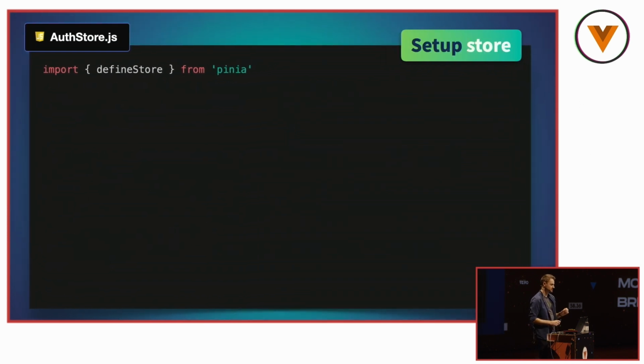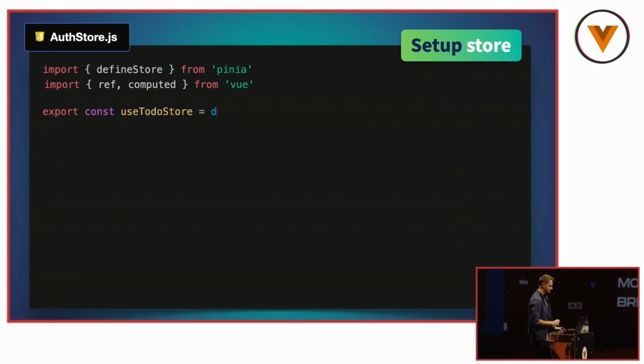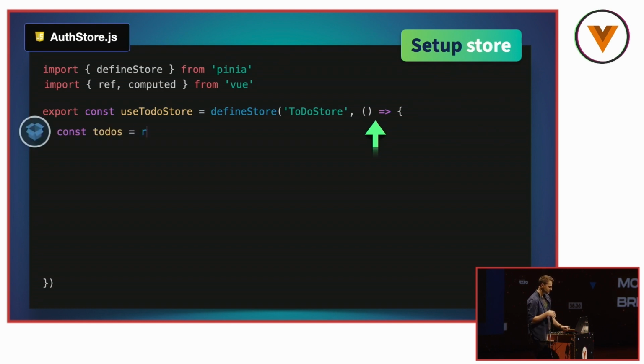So comparing that against the setup store, we're importing ref and computed, which we'll see why in just a second. And now the second parameter here, instead of being that options object, is actually a function. And this is going to be familiar to you if you've been working with the composition API, where here our state is going to be a ref.